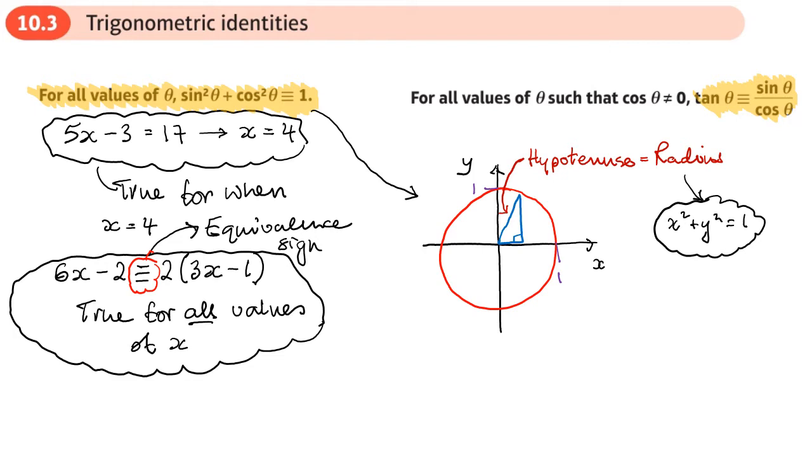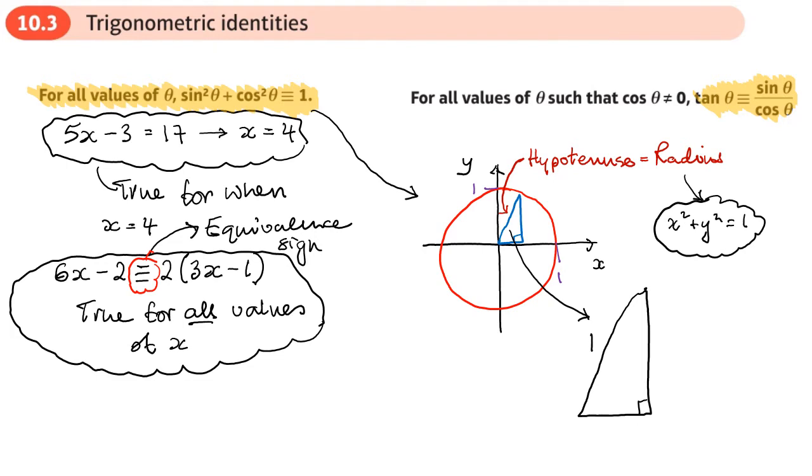Now, if I think about the same thing, but using the hypotenuse instead, let's have a look at the lengths of each of these sides. I'm going to zoom in on this triangle that I've drawn, which could be any triangle inside that circle. The hypotenuse of that triangle is 1 because it's the radius of the circle.